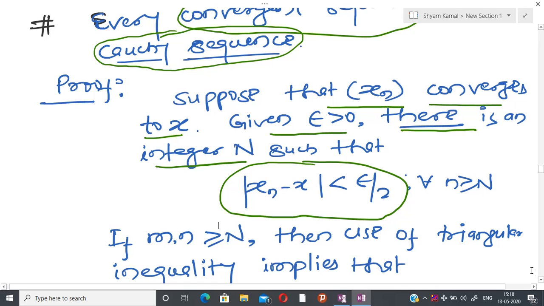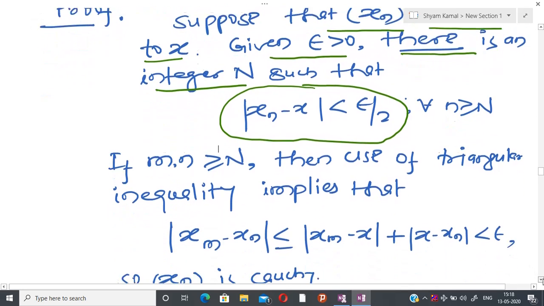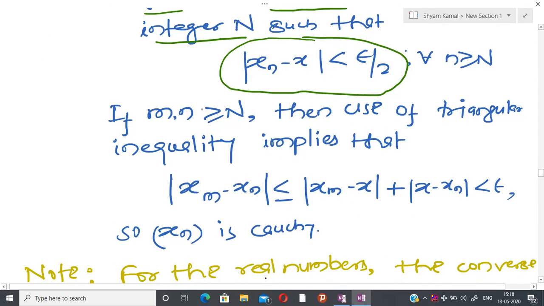Now suppose I have xm and xn, the terms of the sequence at the m-th and n-th instants. Then I can use the triangle inequality, so I am making a relation between Cauchy sequence and convergent sequence.